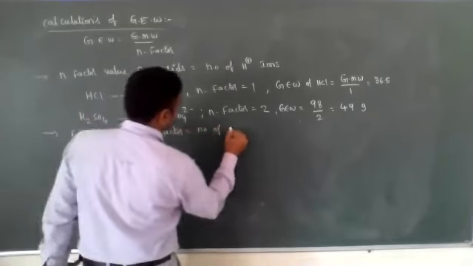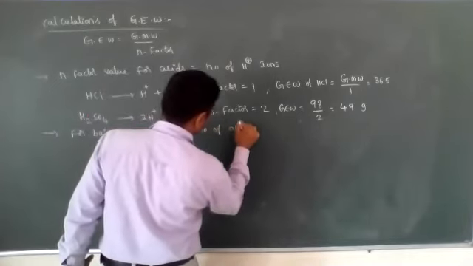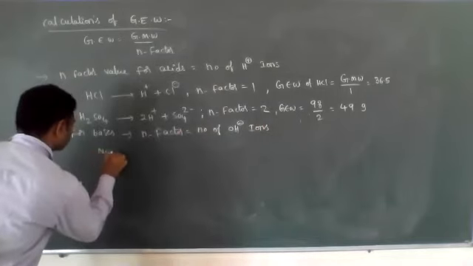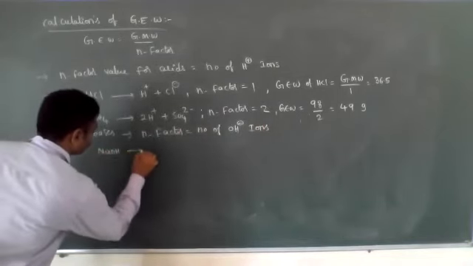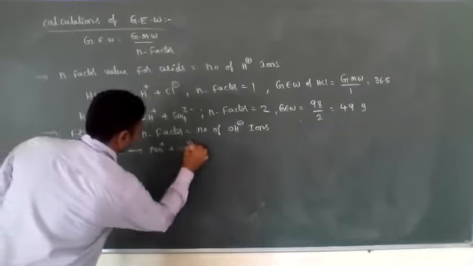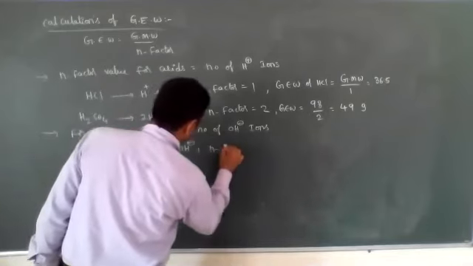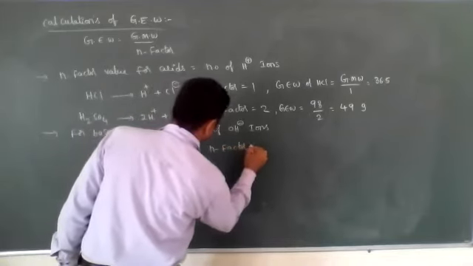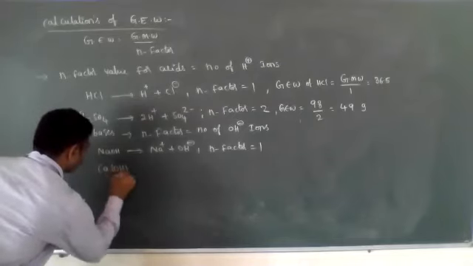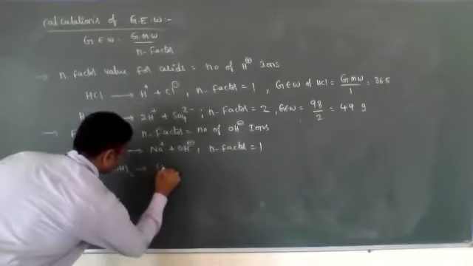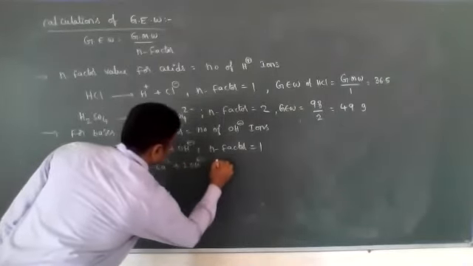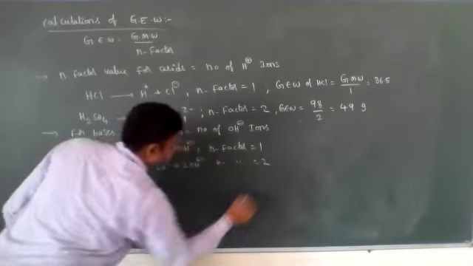And in a similar way for bases, the number of OH minus ions. See, NaOH gives Na plus plus OH minus. Its n factor is equal to 1. Calcium hydroxide gives Ca 2 plus plus 2 OH minus, then n factor is equal to 2.